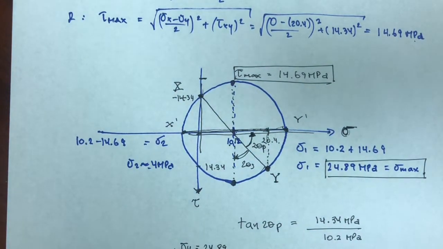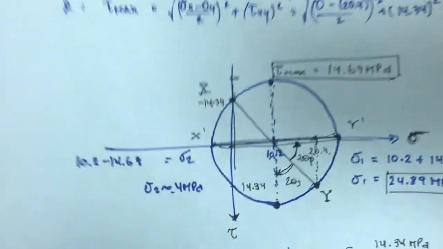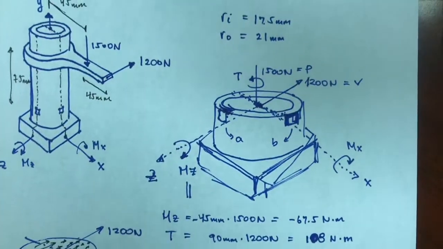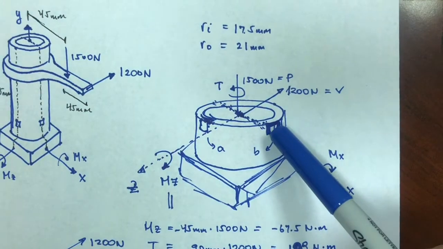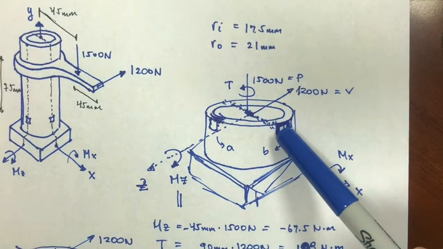Now I'm not going to do a whole thing for the other element B, but I just want to recognize what kind of stresses this stress element B is subjected to.